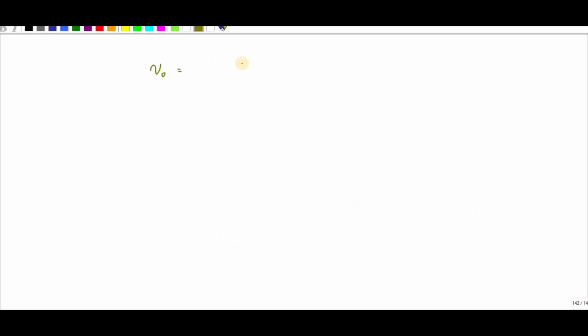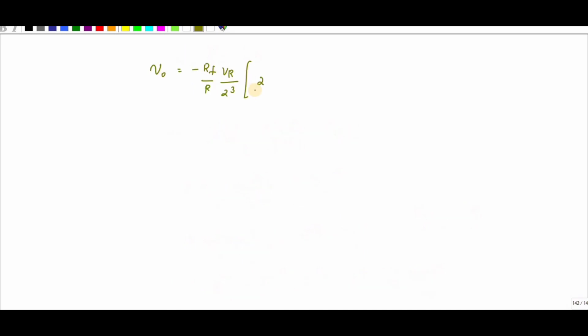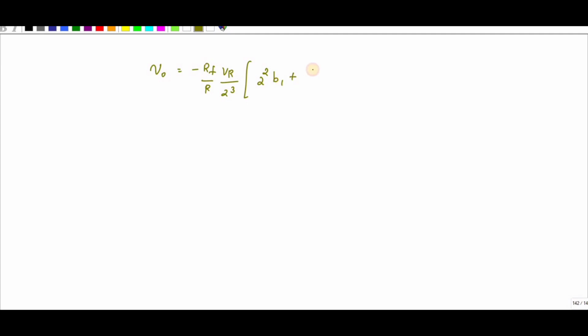Okay, you will get minus RF divided by R into VR by 2 power 3, that is equal to 2 power 2 B1 plus 2 power 1 B2 plus 2 power 0 B3.